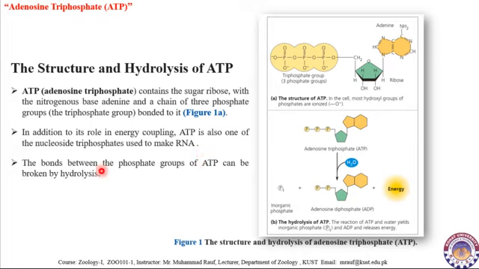The bonds between the phosphate groups of ATP can be broken by hydrolysis, that is, in the presence of water. These bonds can be broken and energy is liberated. When ATP loses one of its phosphates, it becomes ADP, and the energy liberated is used to perform work.